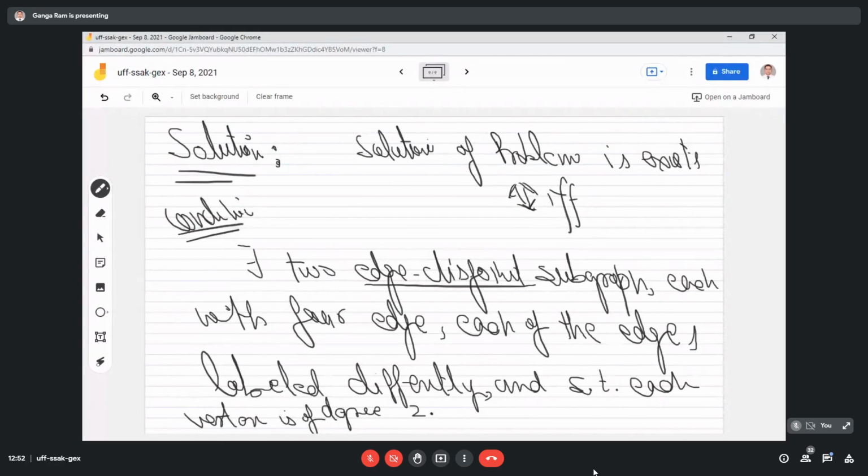So you have to find two edge disjoint subgraphs from the graph we have formulated. Got it? So this is your work.